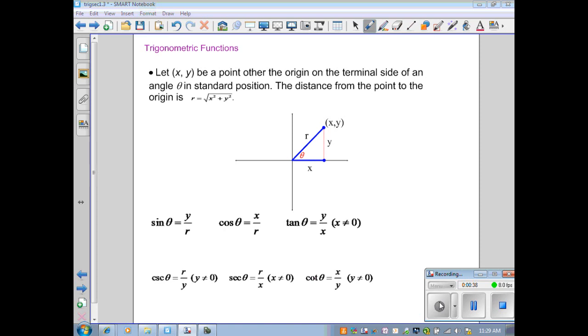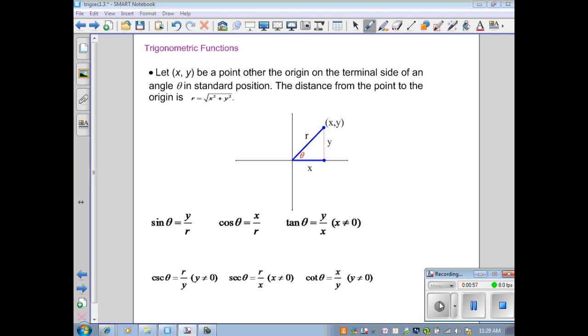So as you can see in the diagram that is associated with the definition we're talking about, we want to let a point (x, y) be a point that's not on the origin and is not part of the initial side. So it will be a point that's in some quadrant in our coordinate plane.